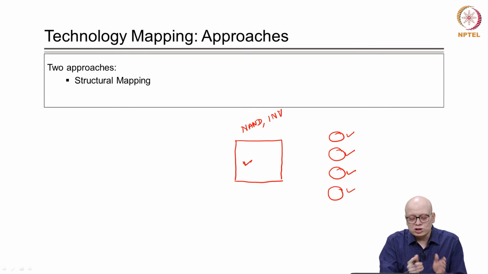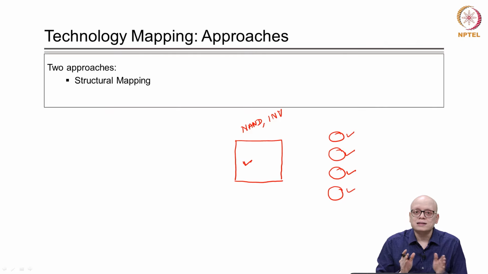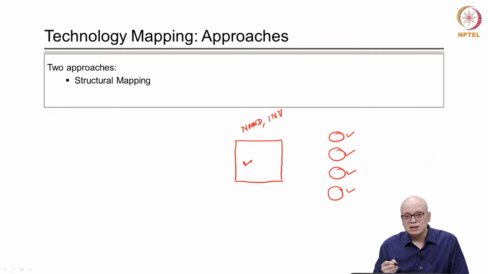Once the portion of the netlist and the library cells are both represented in terms of, say, these base functions, 2 input NAND gates and inverters, suitable matches are found for each portion of our netlist, and later on a min cost cover is found among the subset of the matches. So, that is what is done in structural mapping.